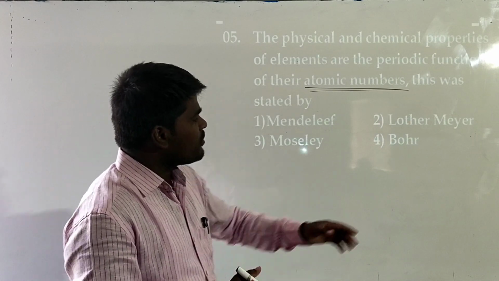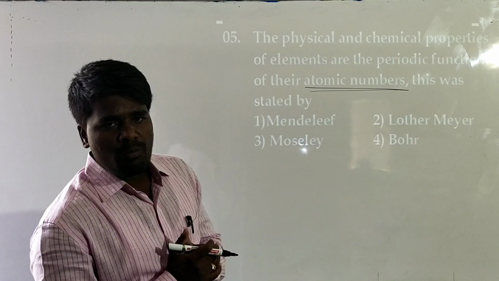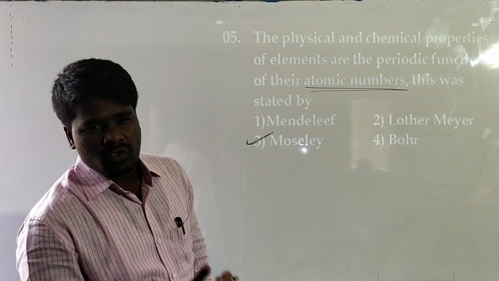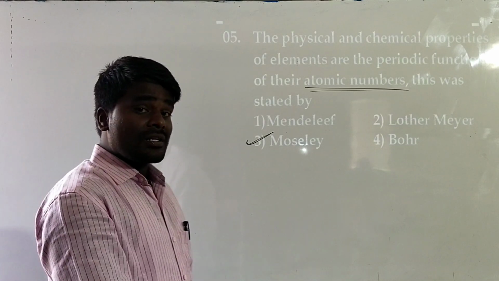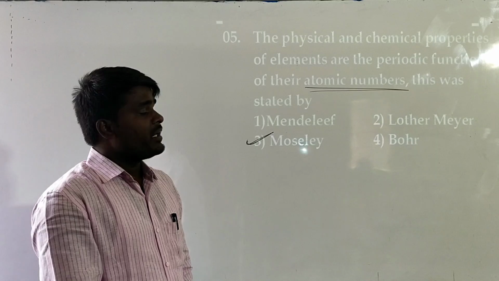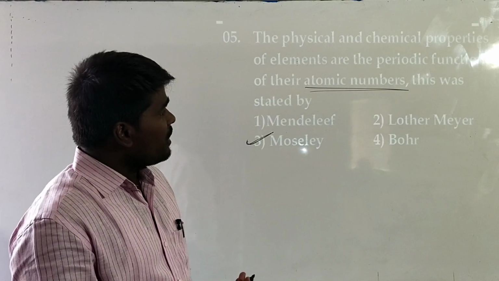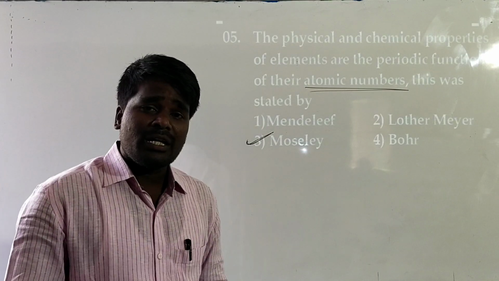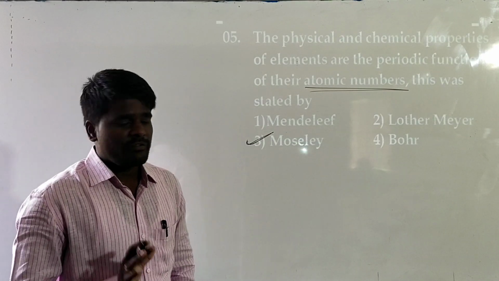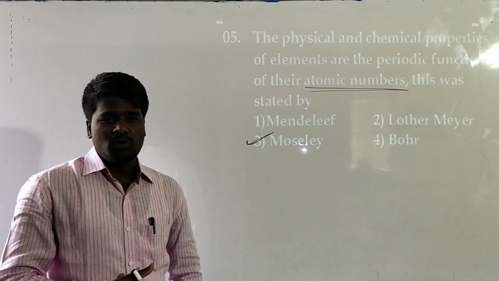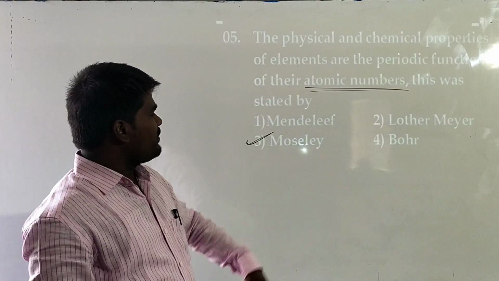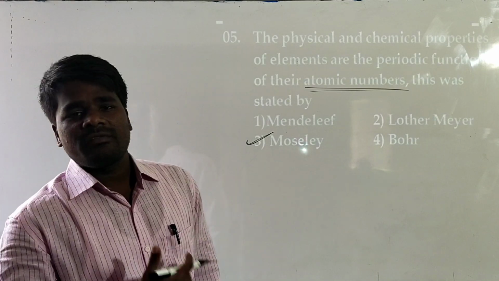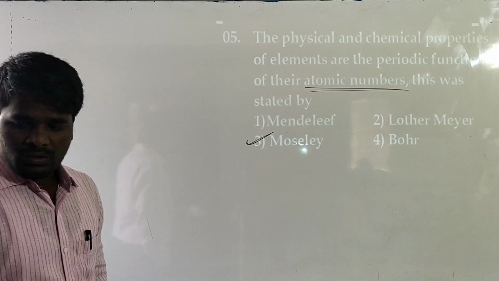Most of you might confuse them, but this statement was given by Moseley. Bohr constructed the modern periodic table, and the modern periodic law says the properties are a periodic function of atomic number and electronic configuration. If it is only atomic number, that is Moseley. Mendeleev said that the properties of elements are a periodic function of their atomic weights. Hope it is clear.